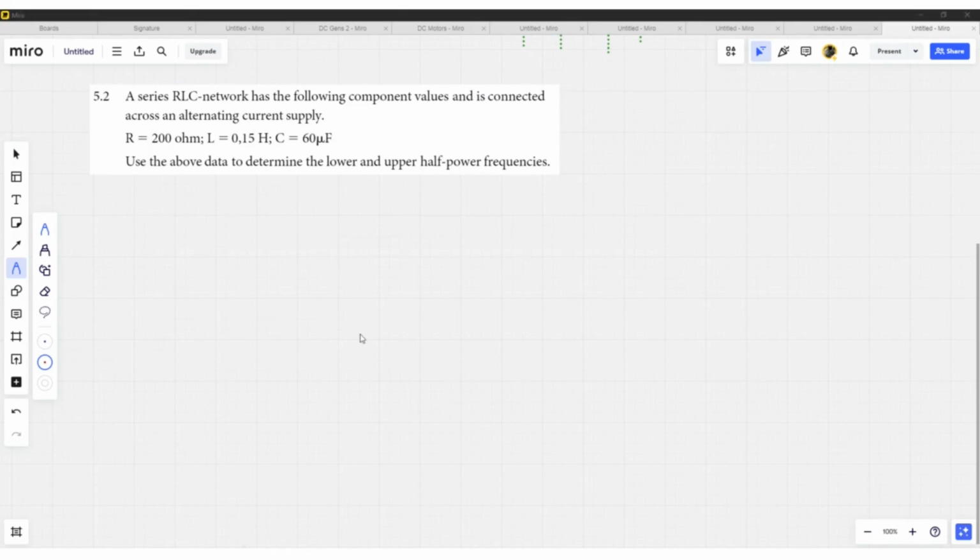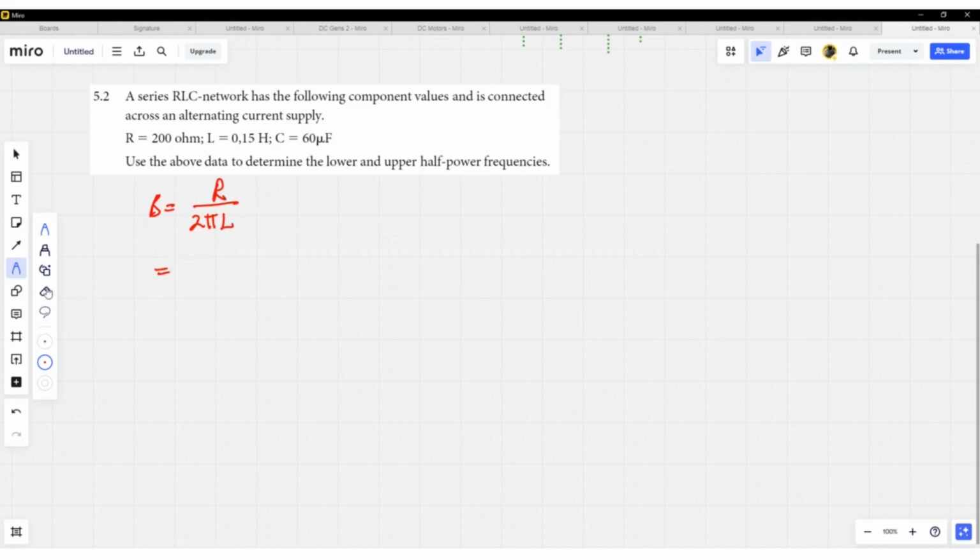I'm just going to quickly take a sneak peek here at the formula. The formula that's also given here is that the bandwidth is equal to the resistance divided by 2 pi L.